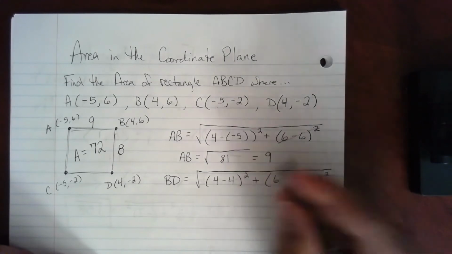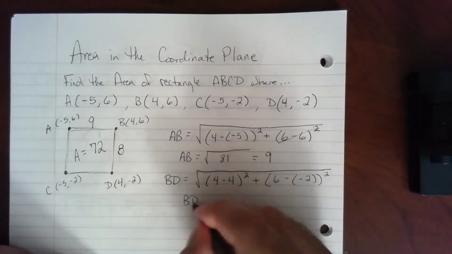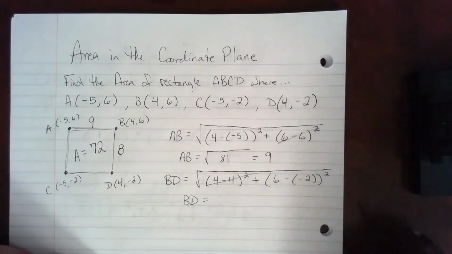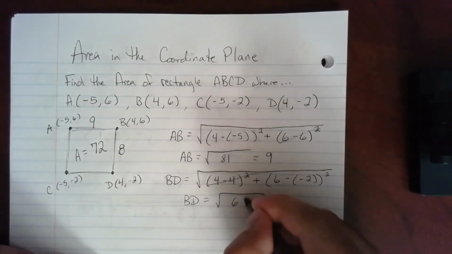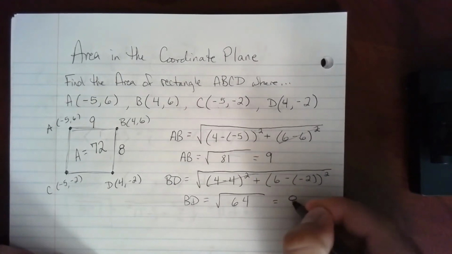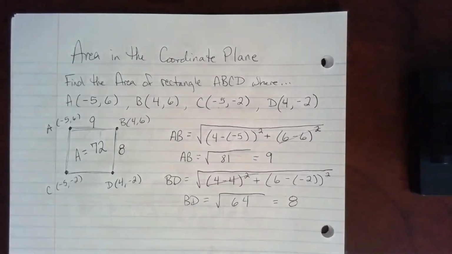It's 6 plus 2. So we're going to have the length of BD is equal, so this is gone, this is just 0. It's going to be the square root of 8 squared, which is 64. And that's going to give us that square root of 8. And that makes sense because we're taking the square root of something squared. So those do cancel each other out. They're inverse operations. And so we verified here that the 9 and the 8 do work using the distance formula.